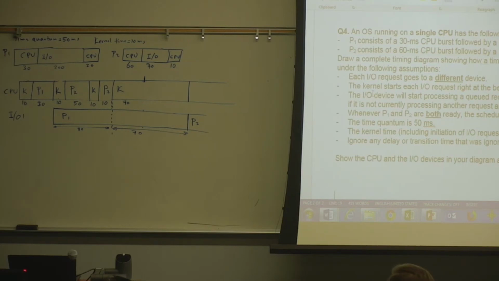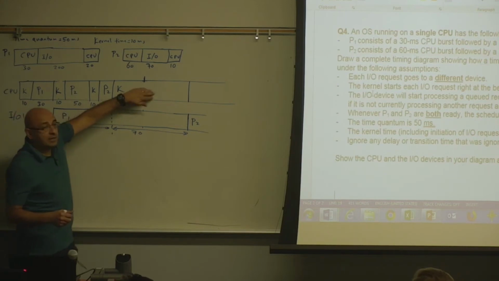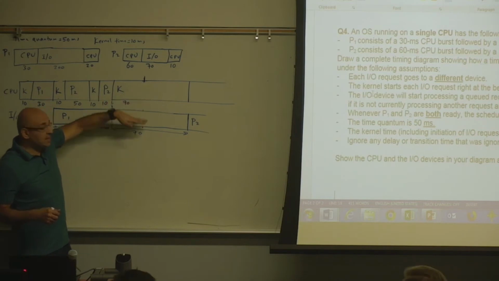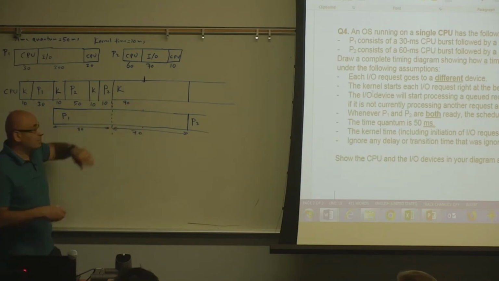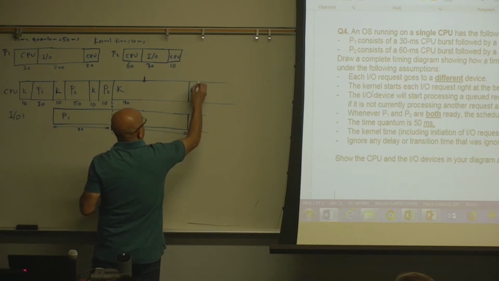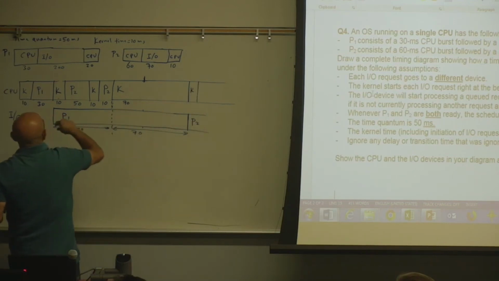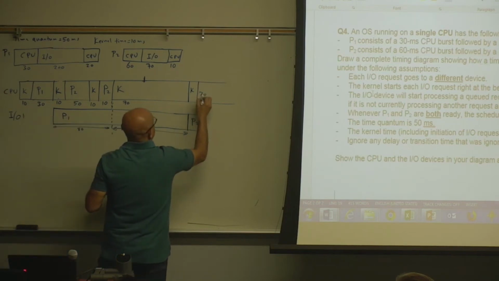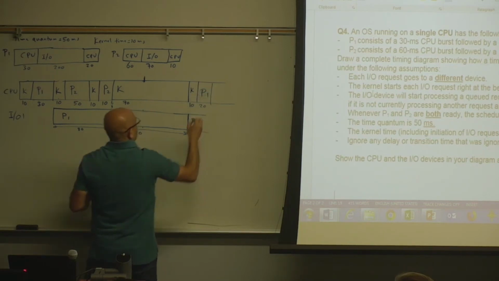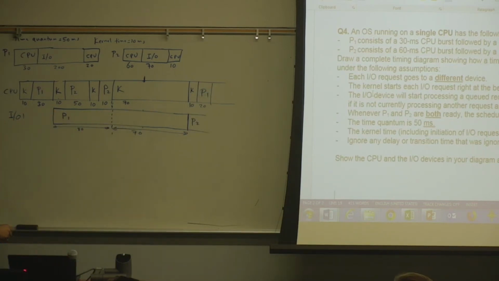Obviously this is going to take longer because you have fewer resources. You only have one I/O device. Now the kernel cannot find any ready process. Both of them are waiting. One is getting service, the other one is in the queue. Now when P1 completes, the kernel is going to intervene and give the CPU to P1 for 20 milliseconds.